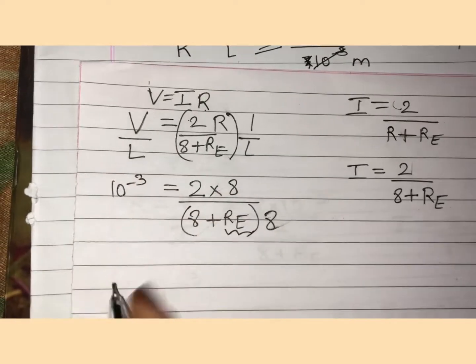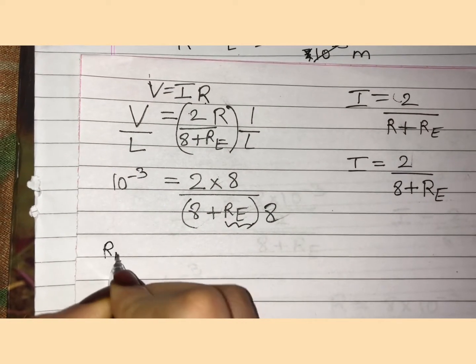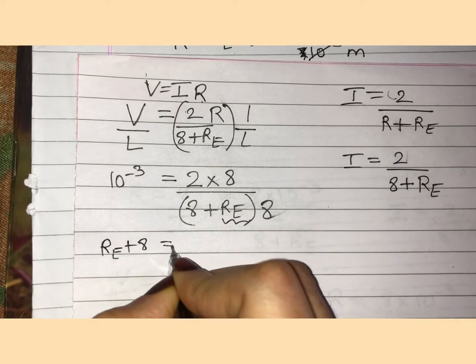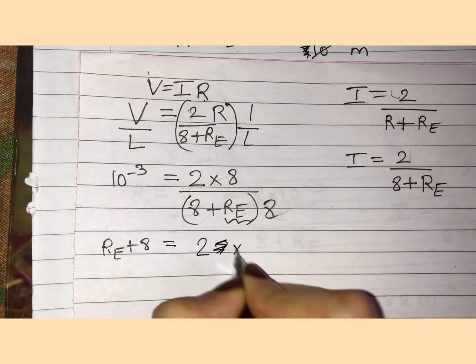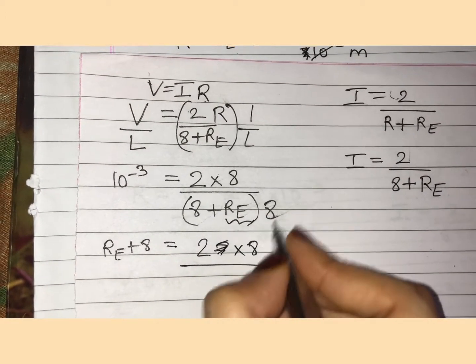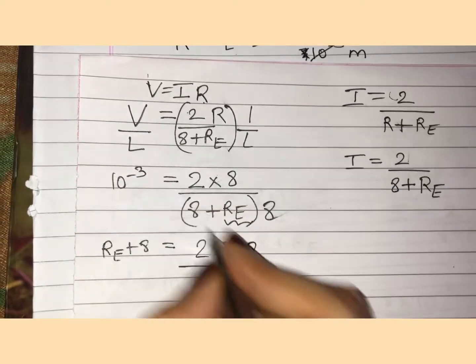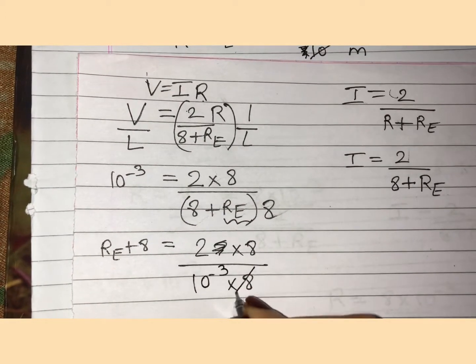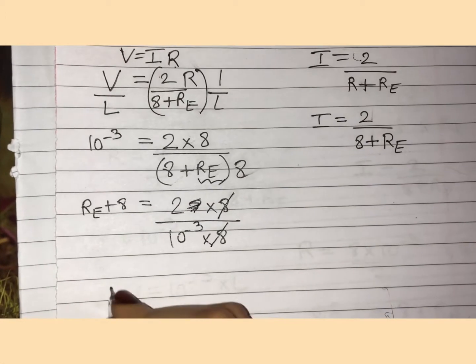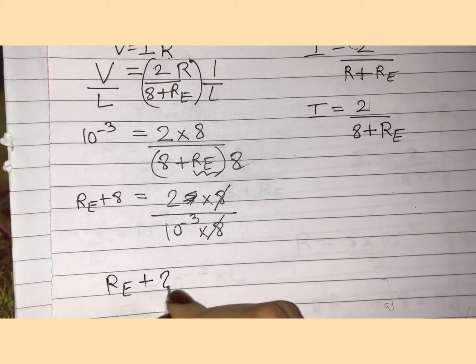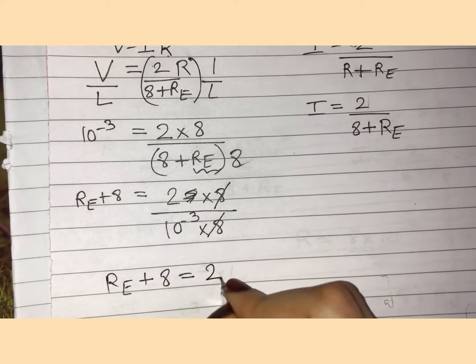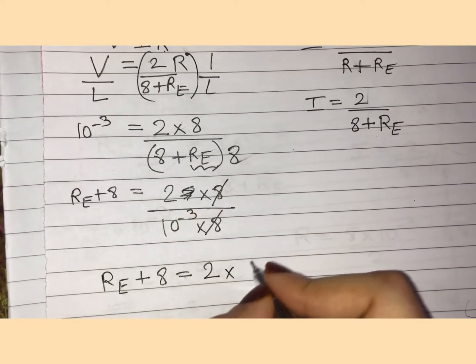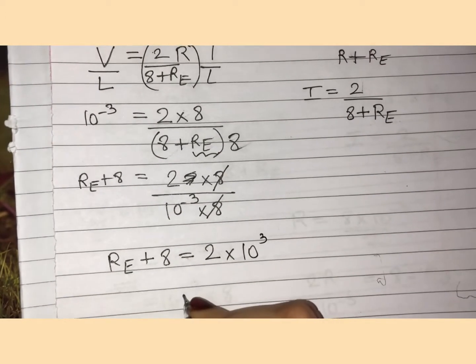Take this term in the numerator. Re plus 8 is equal to 2 into 8 upon 8 into 10 raised to minus 3. This 8 and this 8 get cancelled. So Re plus 8 is equal to 2 upon 10 raised to minus 3. Take it in the numerator, it becomes 10 raised to positive 3.